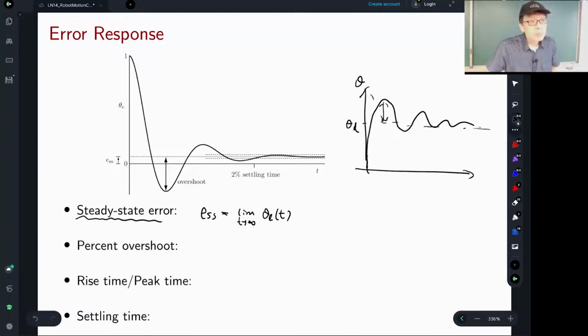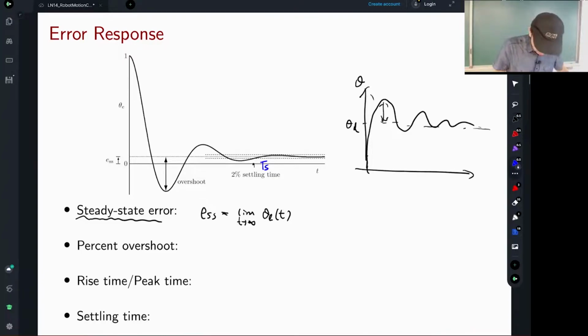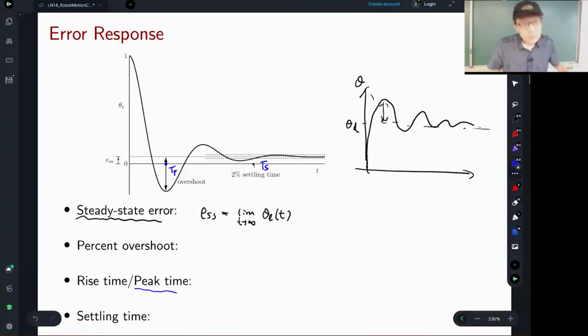You don't want a big overshoot, and you want to converge faster. That's typically specified by this settling time. There's also the peak time, TP.